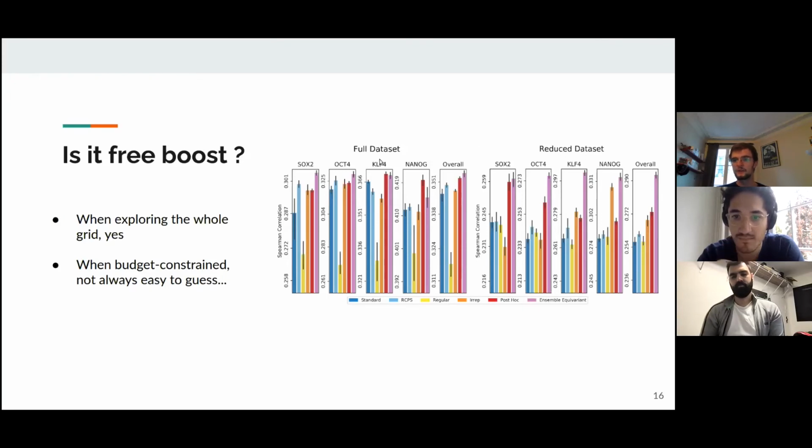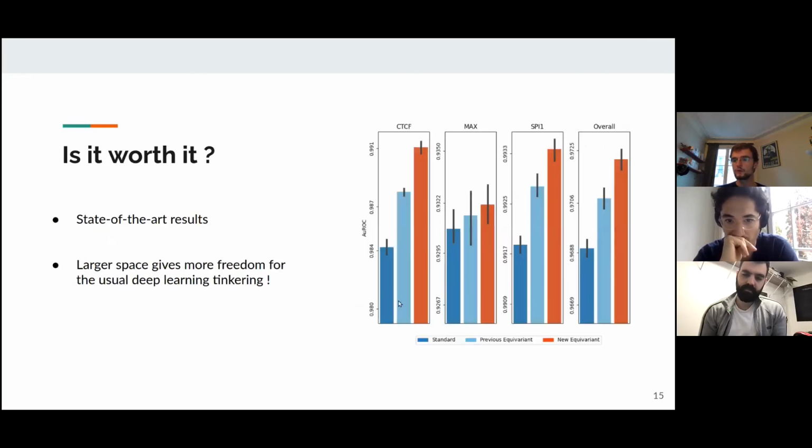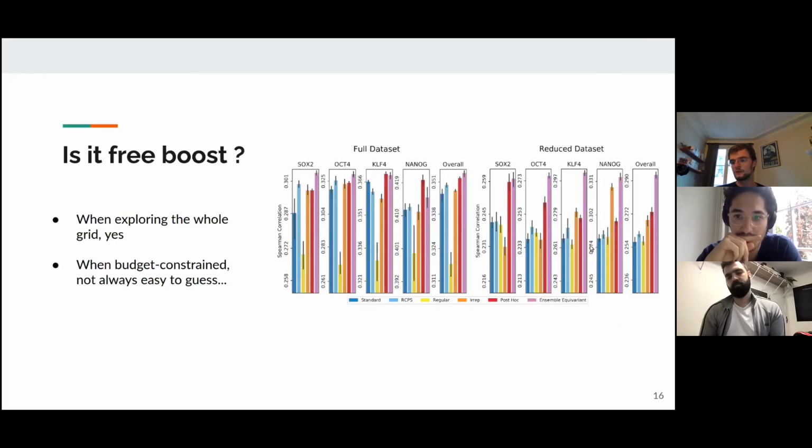That's what you have here on the full data set and here on the reduced data set. For instance, the previous equivariant network, the blue one, is still the blue one. We still have the deep blue and light blue on this picture, and we still have that the equivariant is better than the standard. But then sometimes other equivariant members perform worse than what existed before, and sometimes they perform better.